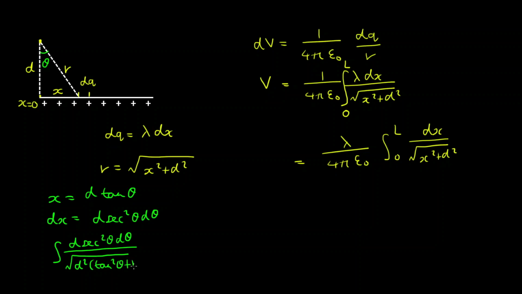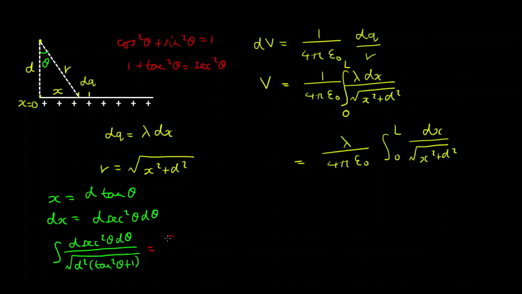So we factor out d squared and put a 1 here. And now we can use a trig identity. So remember that cosine squared theta plus sine squared theta is equal to 1. So if we divide through by cosine squared theta, then what we get is 1 plus tan squared theta is equal to sec squared theta.